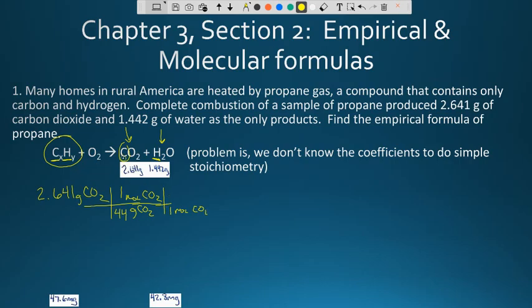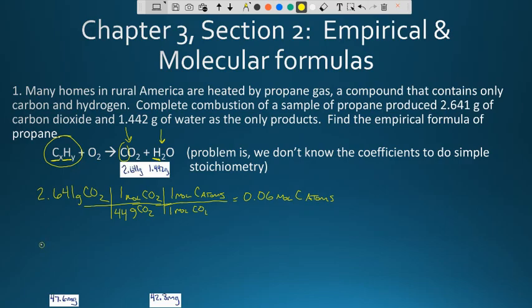Well, notice it's a 1-to-1 ratio. So if I have a mole's worth of carbon dioxide, that means within that compound, I have 1 mole of carbon atoms. And so within that sample, I have 0.06 moles of carbon atoms.